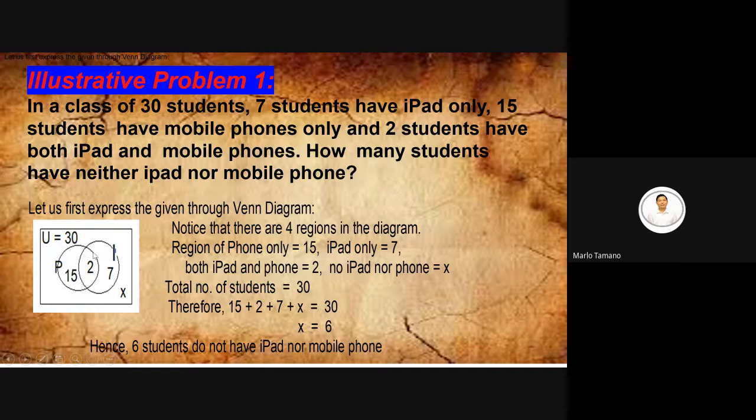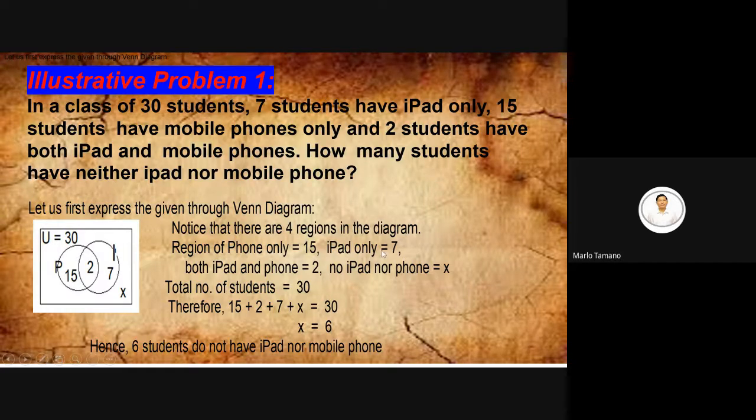Pangatlo, yung intersection ng sets P and I. Pang-apat na region, yung region na kung saan nakalagay yung 7. So, bali, 4 po. Pwede rin namang walang number 1, walang number 2 for as long as 4 po yung region dyan. So, region for the phone only, that is 15.